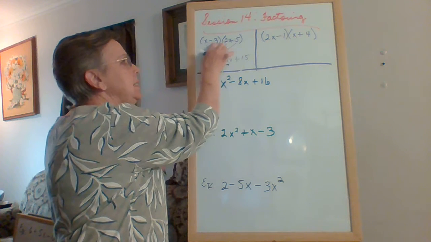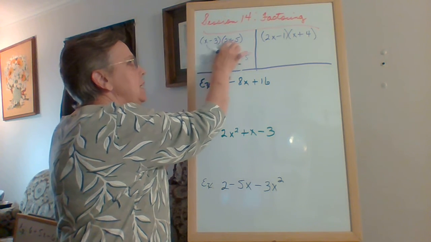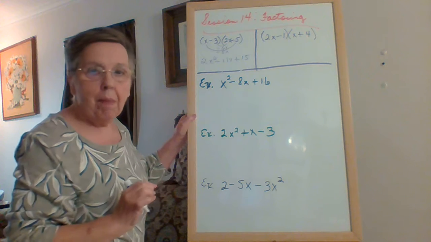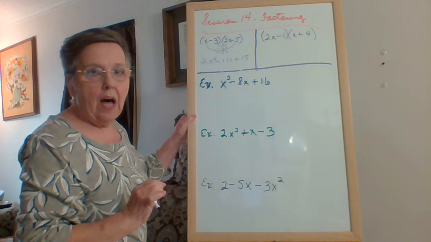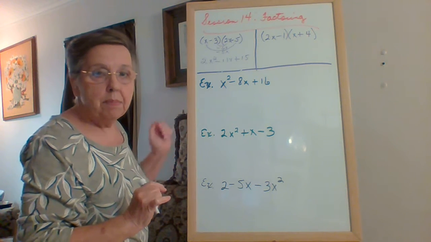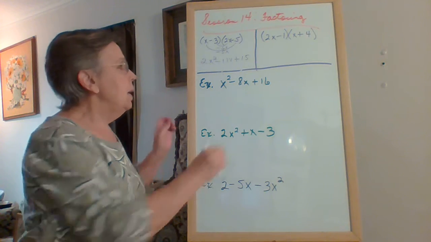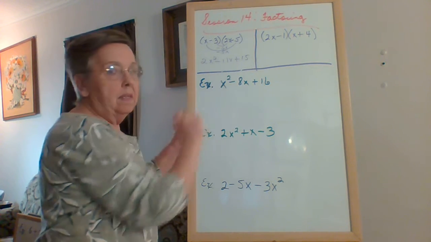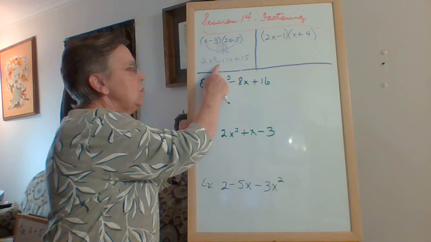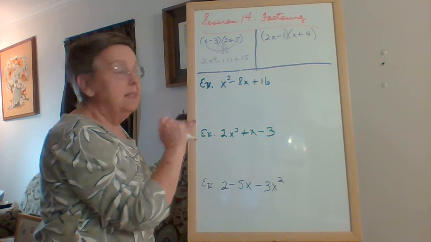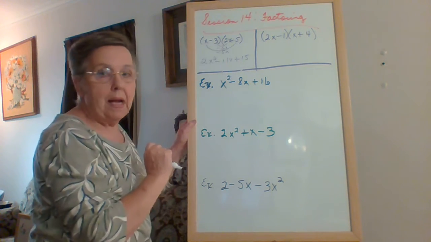Because the signs were the same in each parentheses, a minus 3 and a minus 5, a minus times a minus gives me a plus. But watch, this one was a minus because both of them were minus.